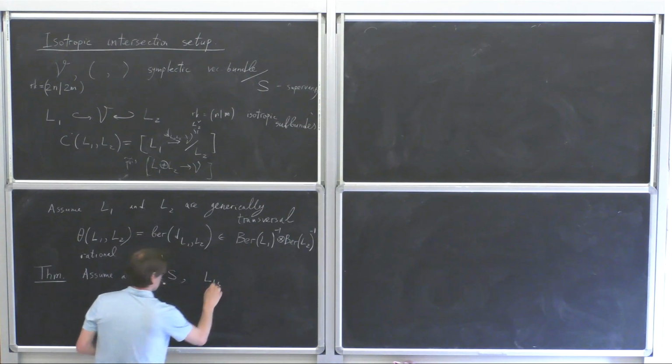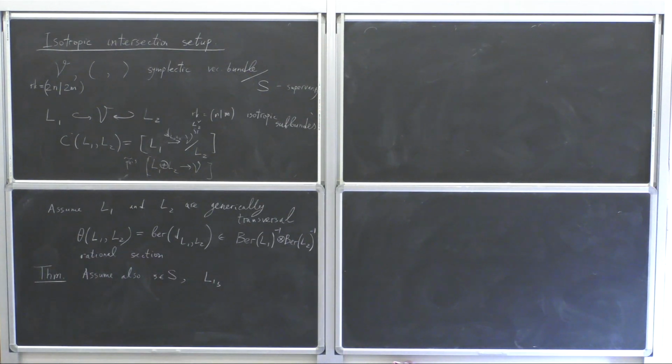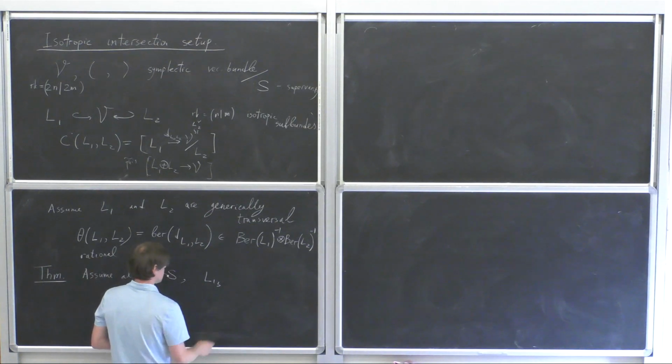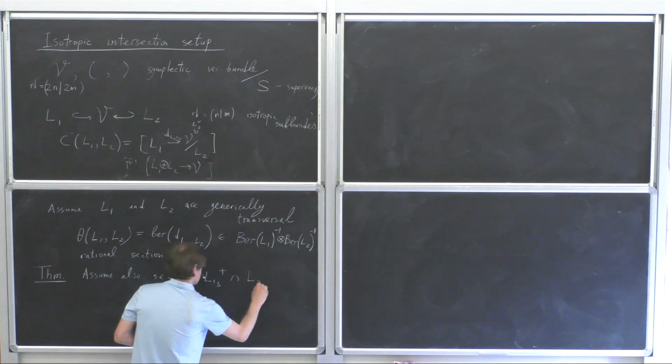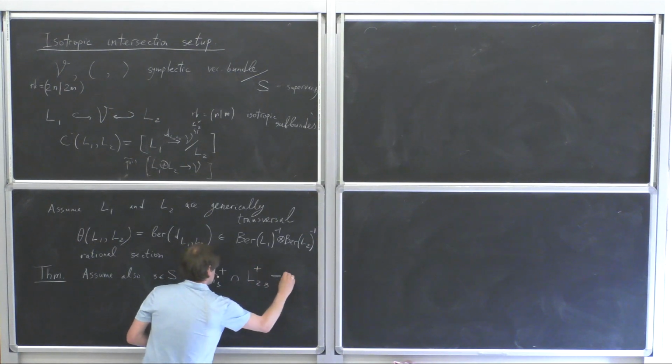I'll call this L1S, the fiber of L1 at S. This is a super vector space, it has even and odd parts. I'll take the intersection of the even parts of L1 and L2 at S, and I assume that it's zero.